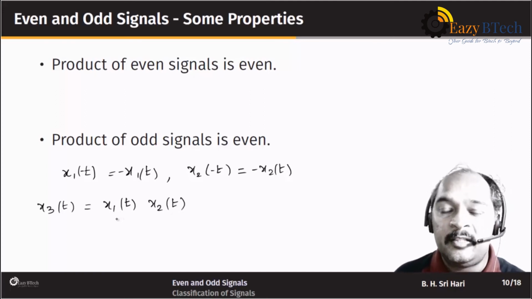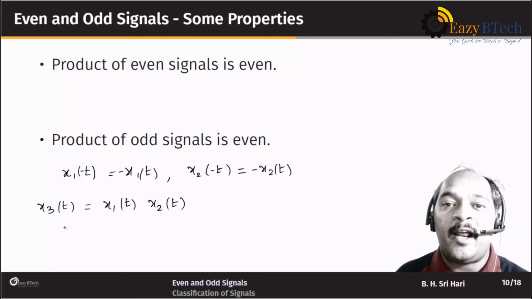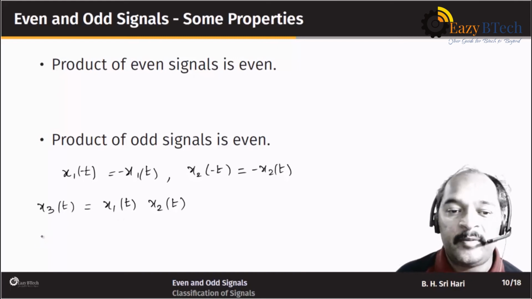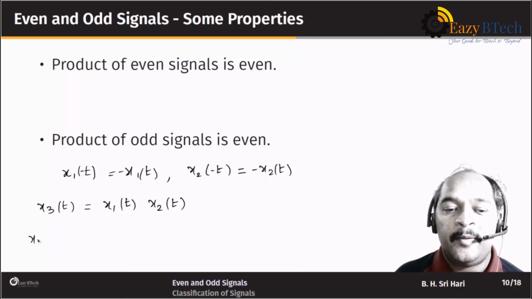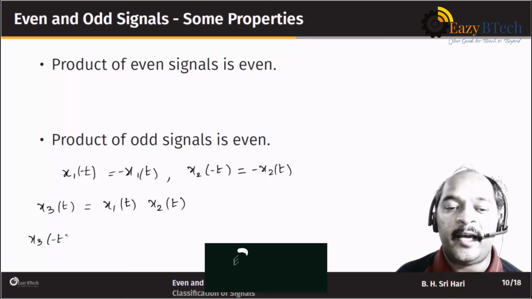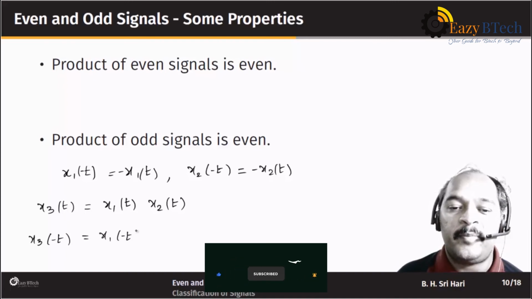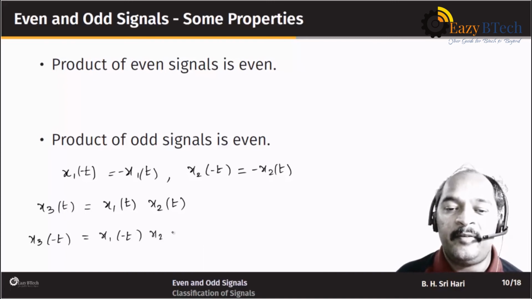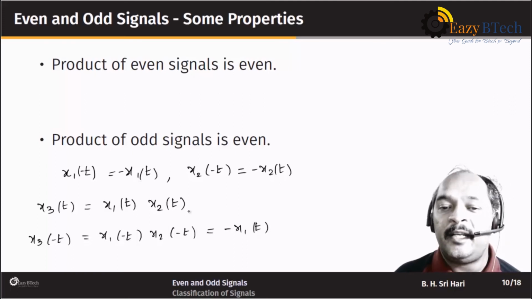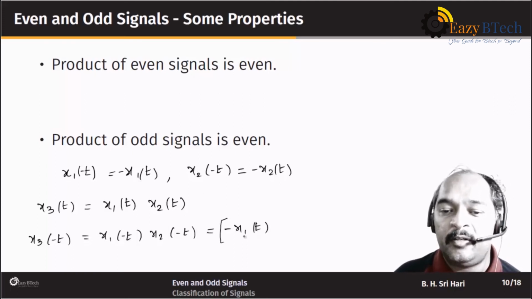Now I have to check whether this product is odd. What happens to this product if you replace t with minus t? So let us do that. If you replace t with minus t, x3 of minus t would be equal to x1 of minus t multiplied with x2 of minus t. But we know that x1 of minus t equals minus x1 of t, and similarly x2 of minus t would be equal to minus x2 of t.